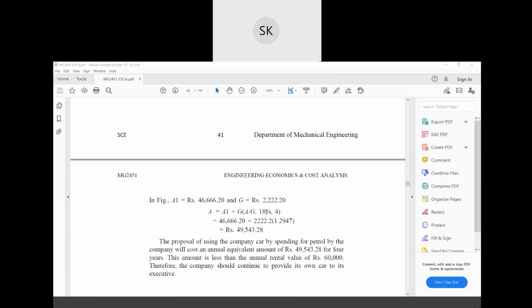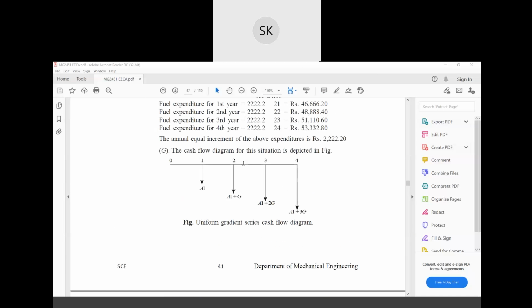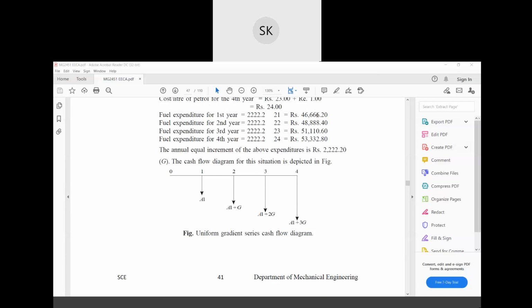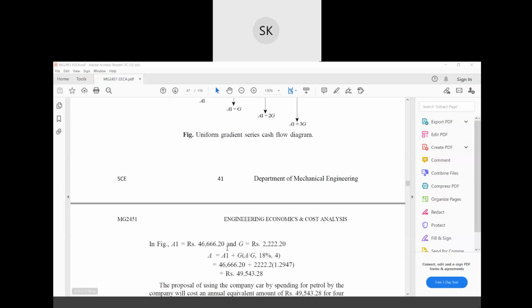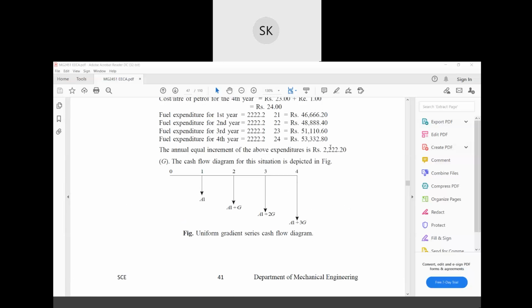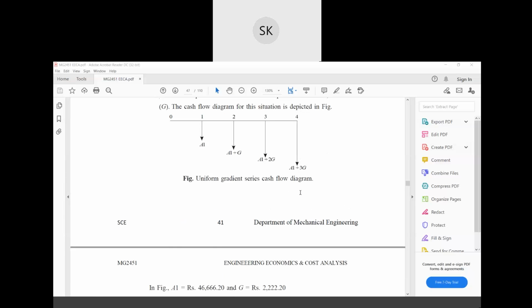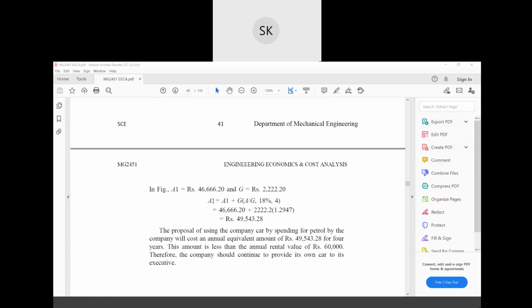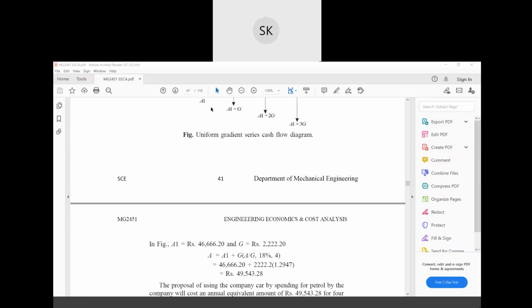In figure 1, you see the cost A1 was 46.666, and the constant G was 2222. So you can find that in all the cases A1 was constant. You just have to multiply G in all the steps.